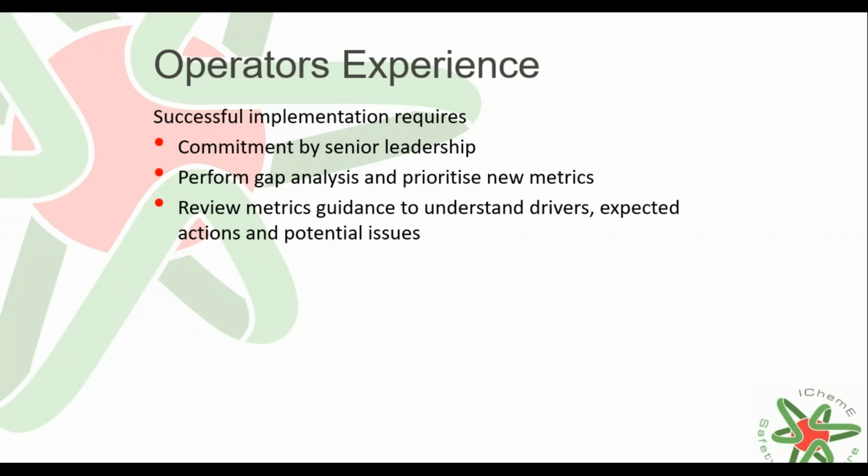Personal experience on that one is when we started to monitor the demand on safety critical elements, what we found is that in several cases there were process control loops that weren't behaving themselves, that were causing the safety system to go off and activate in anger multiple times per day.